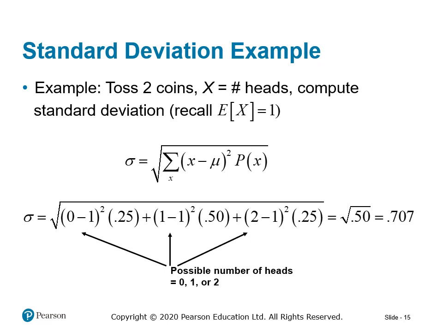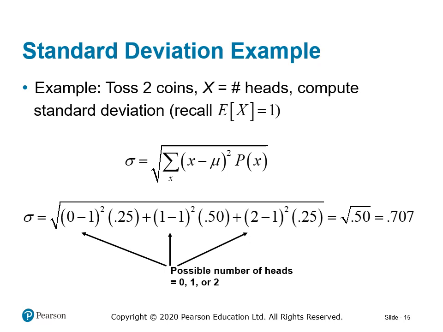Okay, again, back to our example of the coin, where x is the number of heads. I want to compute the standard deviation. So here we go. For the number of heads, one of the possibilities is 0 minus 1. Now we know that the average here is going to be 1, or mu is 1. So 0 minus 1 squared, so it's just going to be minus 1 squared, which is positive 1, times 0.25.